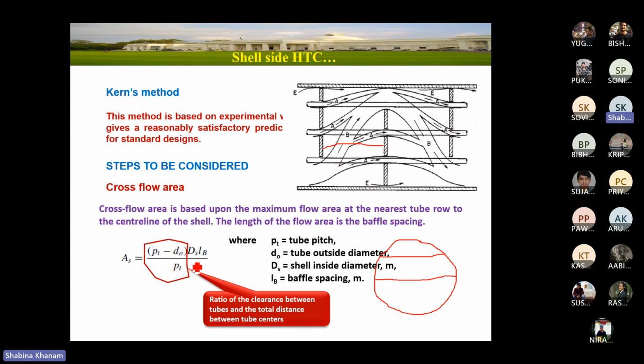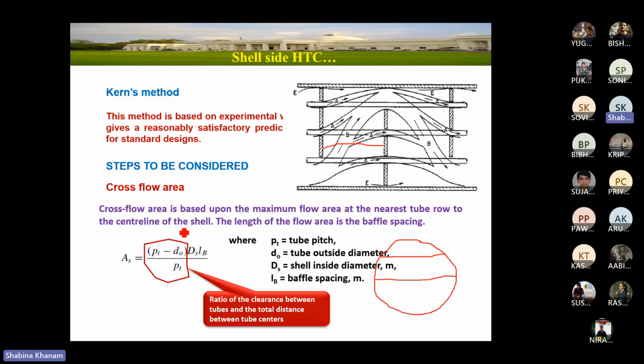If I multiply that by DS, the shell inner diameter from here to here, because I'm considering the central line, DS into this factor will give the total flow area on the shell side at the central line. I hope you are getting it. Into LB, the baffle spacing, that will be this.